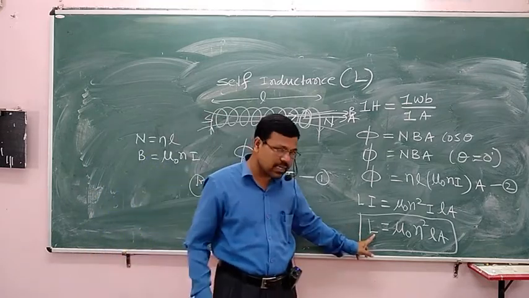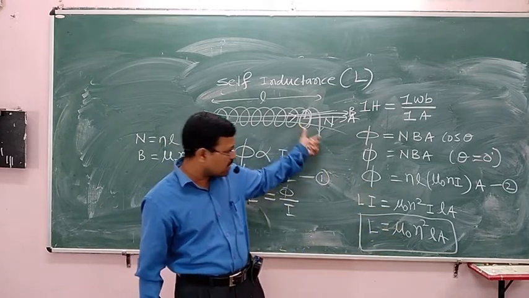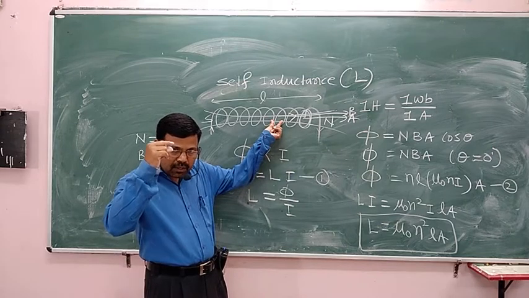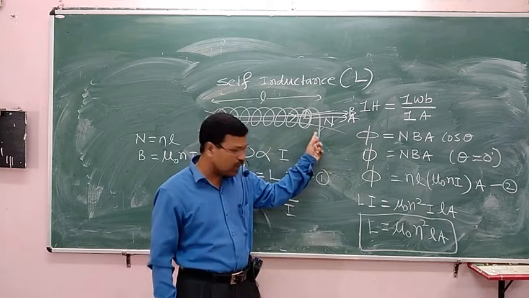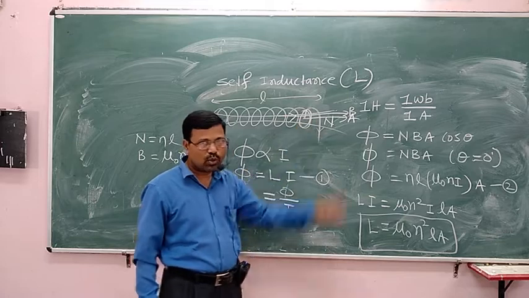It depends on the permeability of free space, on the number of turns per unit length, on the length of the solenoid, and on the cross-sectional area of the solenoid.